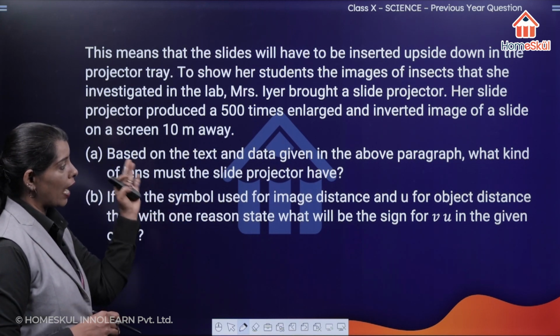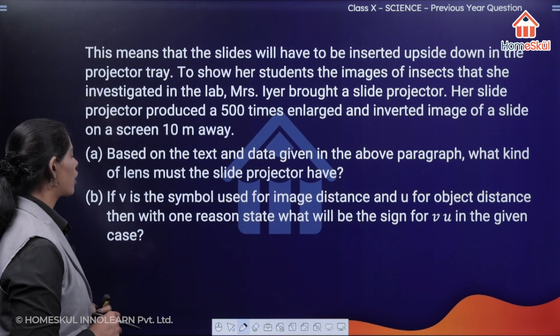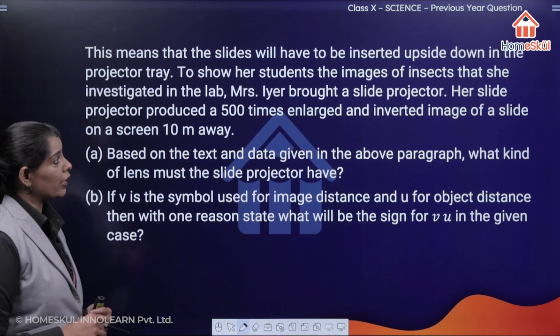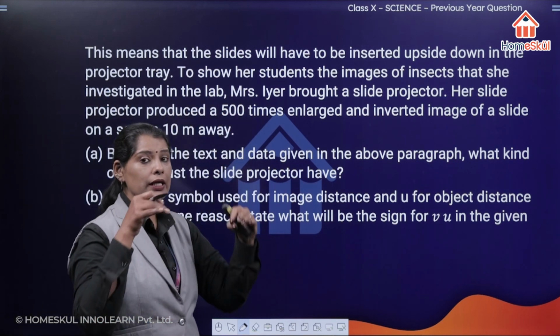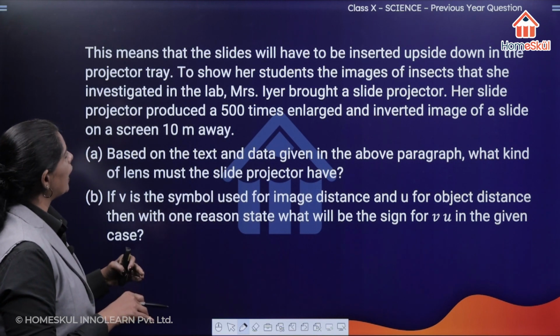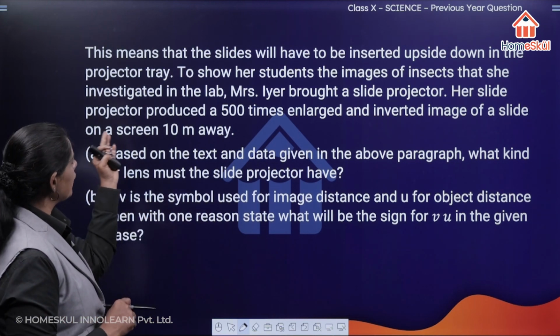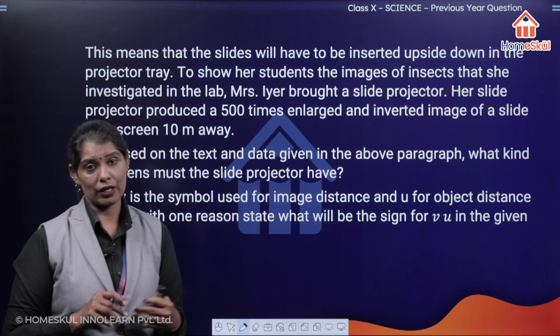Based on the text and the data given in the above paragraph, what kind of lens must the slide projector have? So, here, what is done? The slides will have to be inserted upside down so that we get an image, right? And her slide projector produces a 500 times enlarged and inverted image.